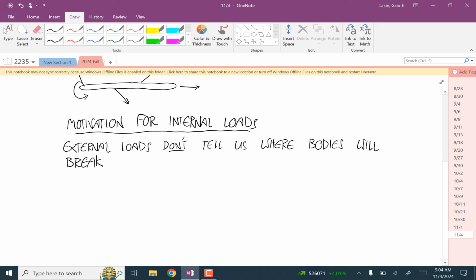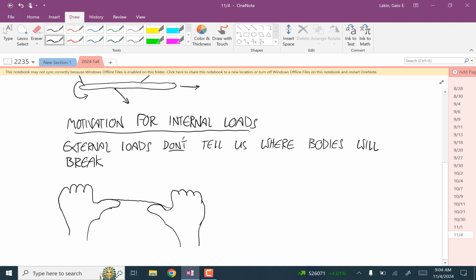And the best way to visualize that is, I might have drawn this picture at the start of the class, but imagine taking a pencil between your two hands and bending it.